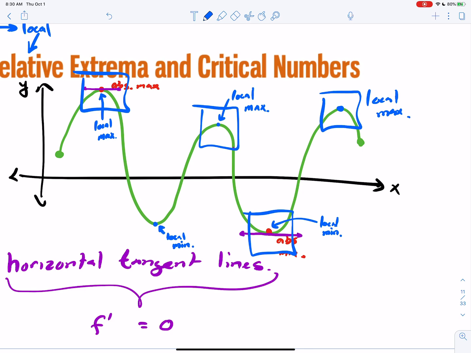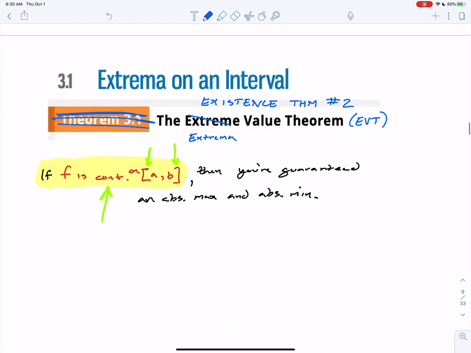But we're going to change it even more, okay? This is pretty much where a local extrema can occur. Notice how the local extrema could land on an absolute extrema. So we're going to go back and change that as well.